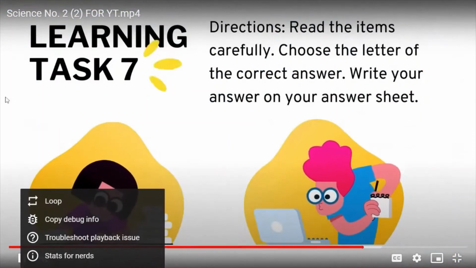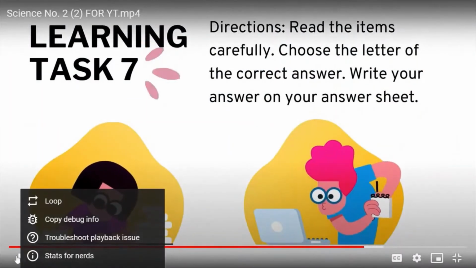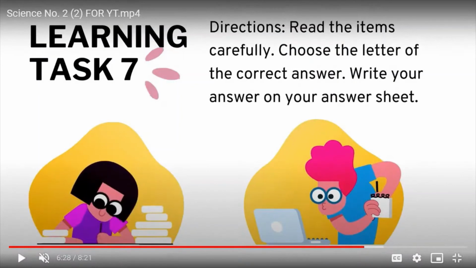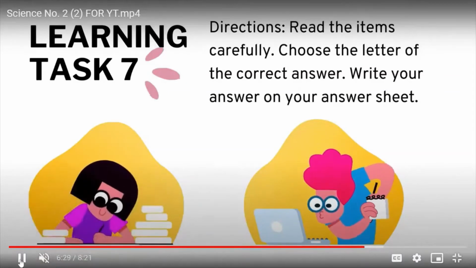Learning task 7. Direction. Read the items carefully. Choose the letter of the correct answer and write your answer on your answer sheet. Okay, so please read the items carefully. Let's go.